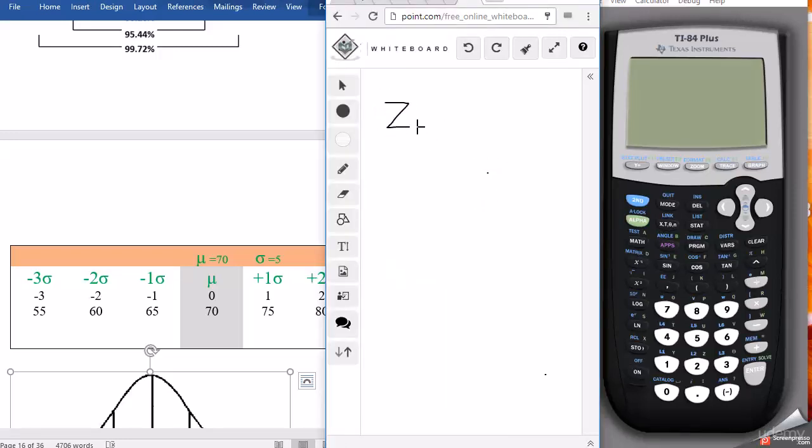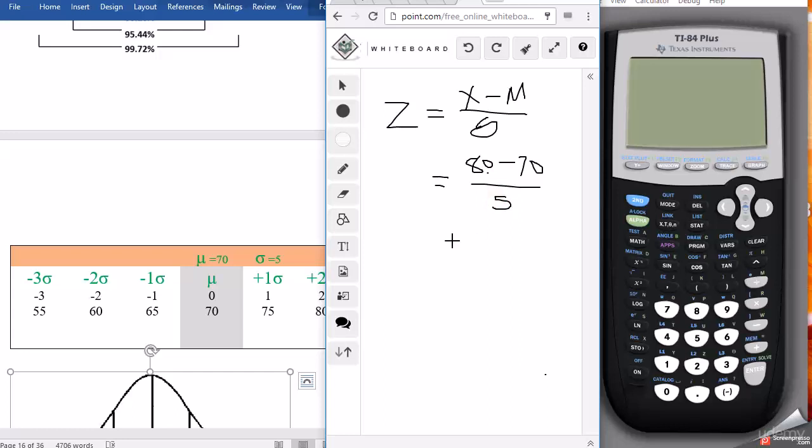The z-score formula is equal to the raw score, x in this case, minus the mean, divided by the standard deviation. For instance, if we want to change 80 to a z-score, x becomes 80 minus the mean of 70, divided by the standard deviation, which is 5.